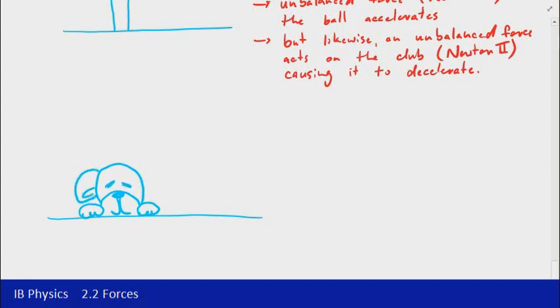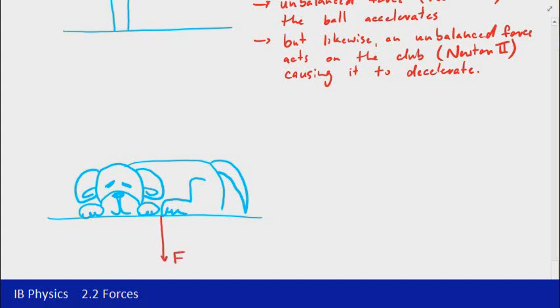In this case, we don't have any motion. We simply have something that's stationary, but we still have Newton's third law at play here. So, a dog sleeping on the ground. In that case, we can say that there is a force of the dog onto the ground.